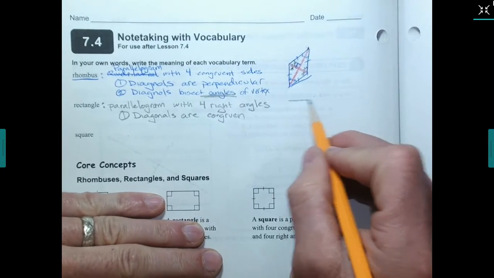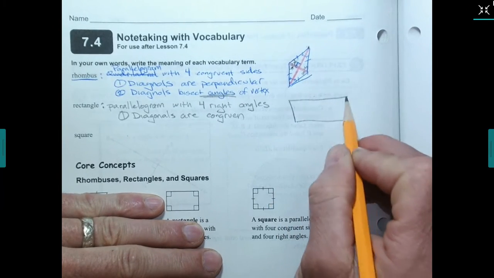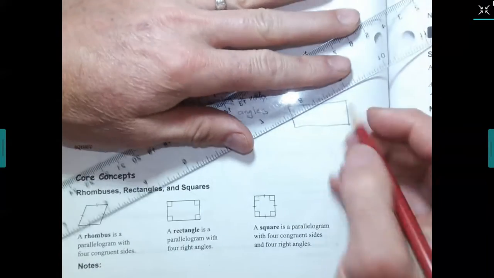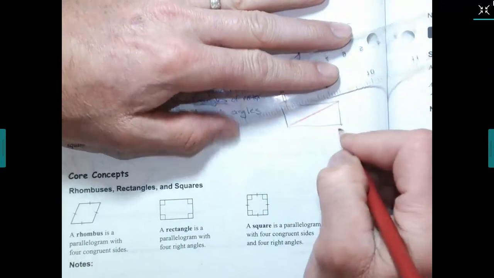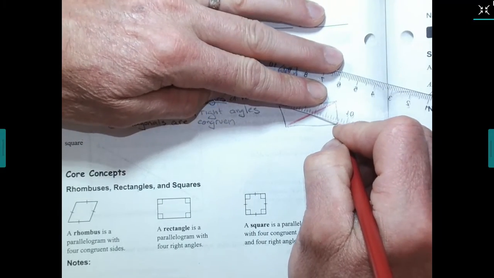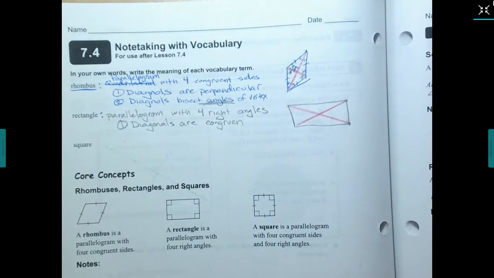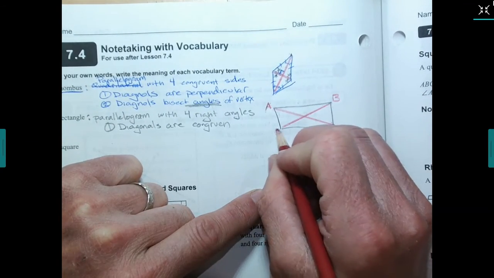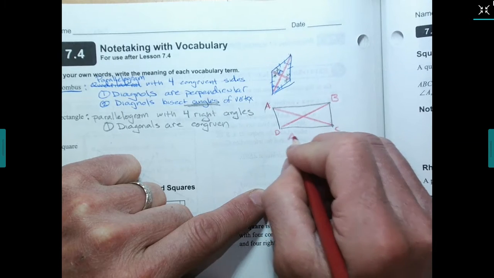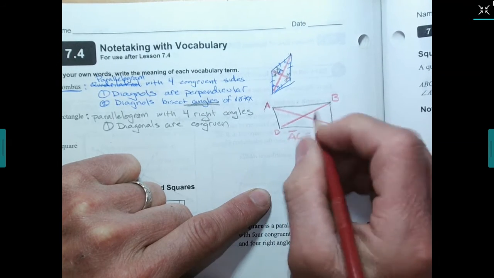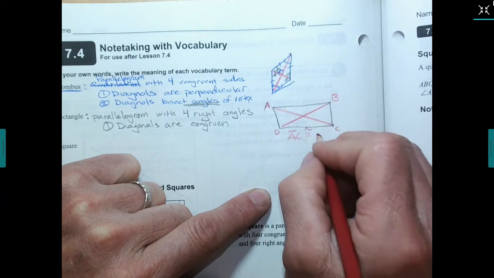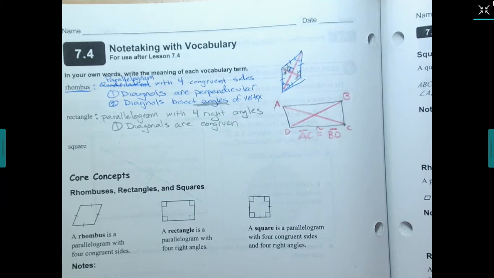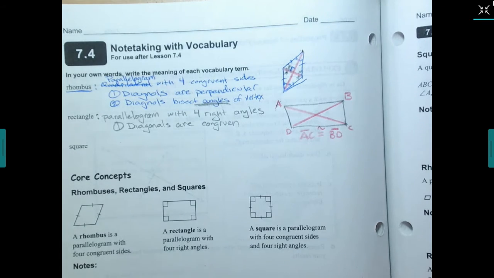So if we have a rectangle, and we put in our diagonals, we know that AC equals BD. AC equals BD. All right.